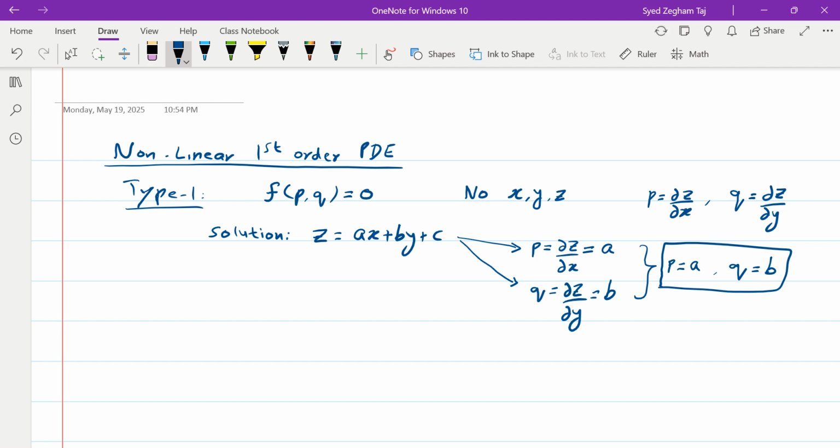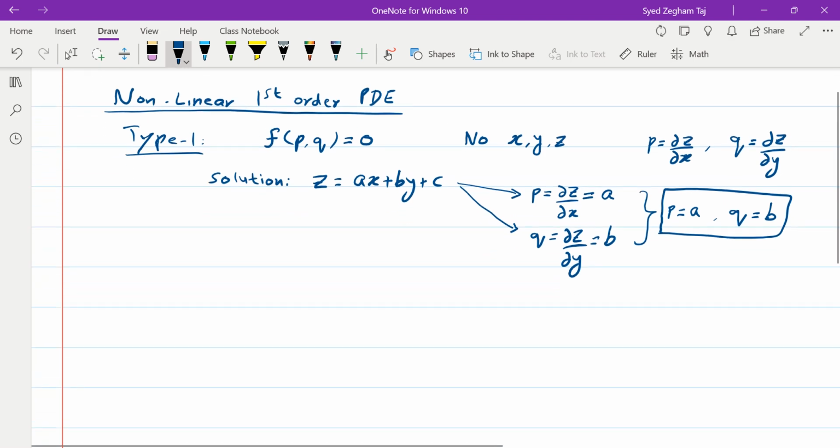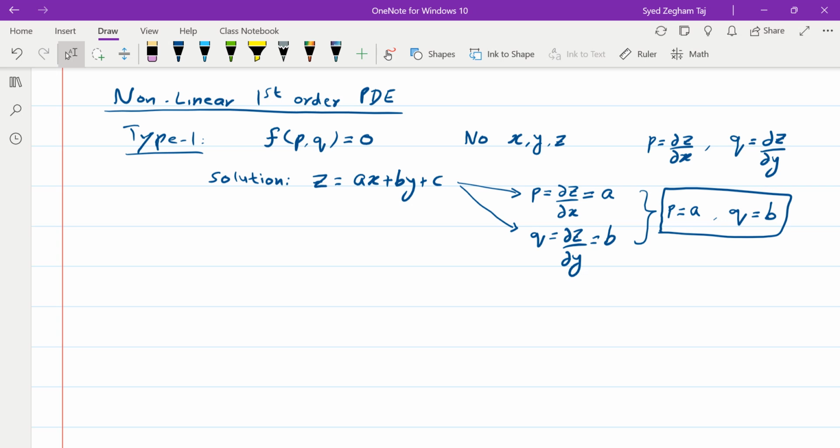Now let us take a question and try to solve it using whatever information we have gathered so far. Question number 1.